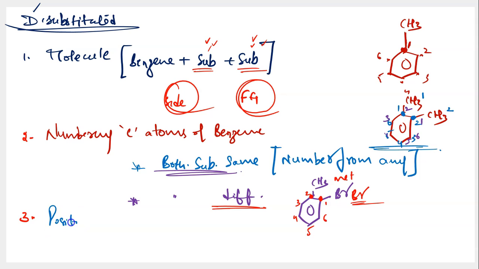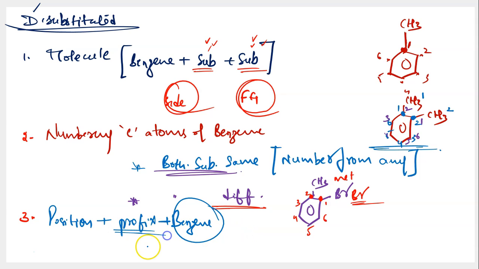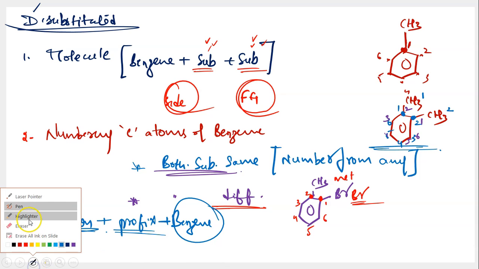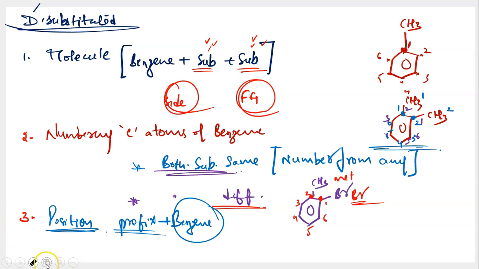You first write the position of the side chains, substituents or functional groups that are present, followed by the prefix, and after that you write the term benzene. Even here the term benzene is a fixed component, you will not change it. The prefixes and the positions are what you have to fill in. And as you know, position is a number, and always between a number and a prefix there needs to be a hyphen.